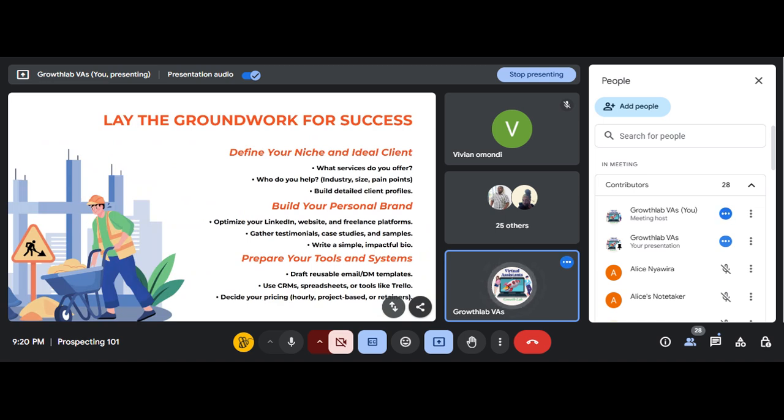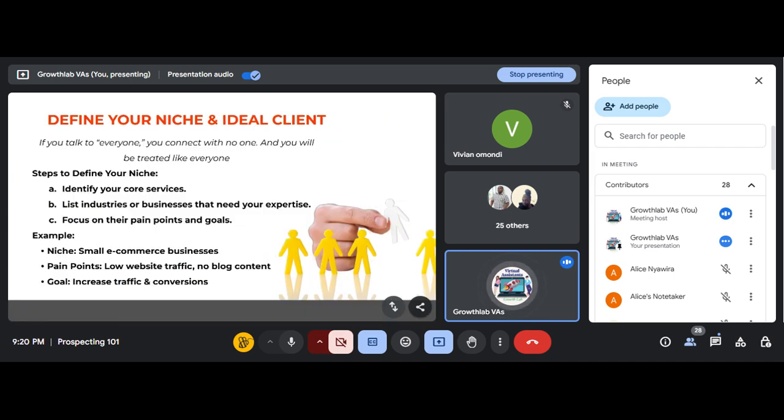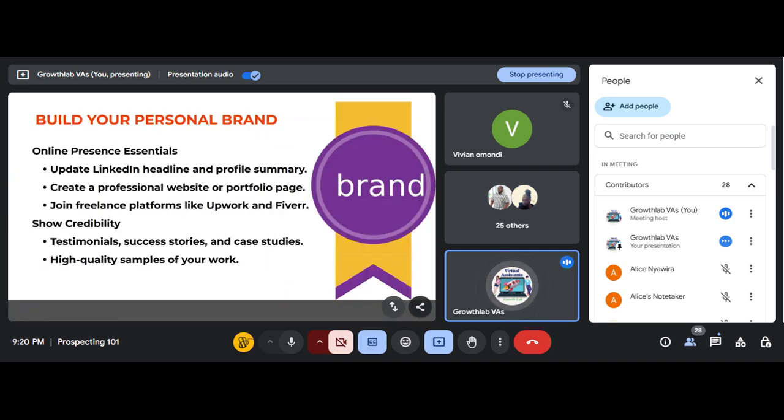Now, the second point in the foundation building was building your personal brand. And your personal brand is your ambassador. This is something which will sell you when you're not there. A good example is your LinkedIn profile.